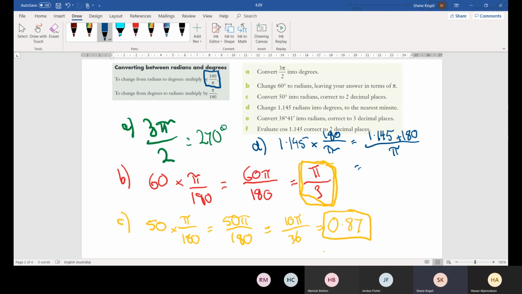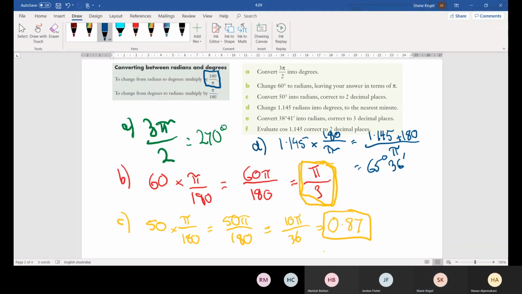Plug that into my calculator to get my answer, and it wants it to the nearest minute. So make sure you press your degrees, minutes, seconds button to swap it from decimal. Should get 65 degrees and 36 minutes. Cool.